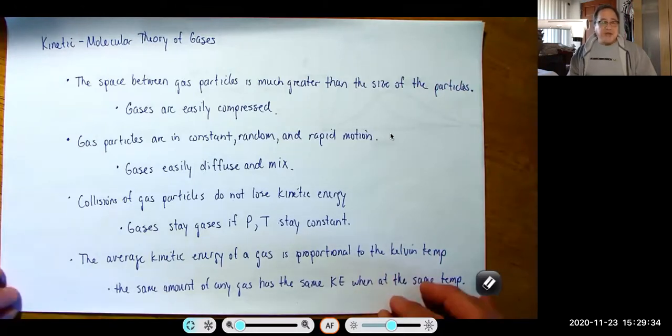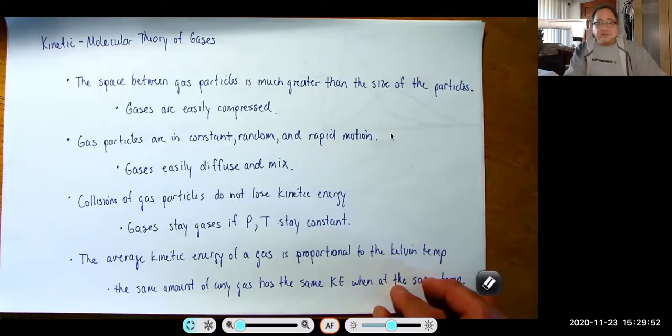So the molecules of gas appear to not lose any energy due to heat. And that way gases stay gases. So if you have a container with a gas in it and you don't change the pressure and you don't change the temp, it will stay a gas. Imagine if they did lose energy.